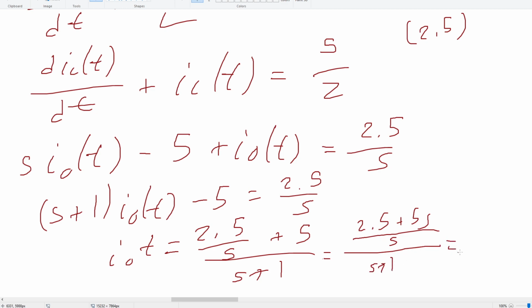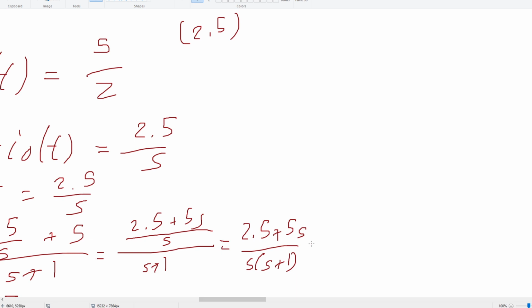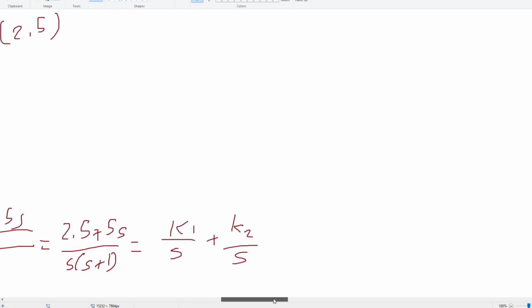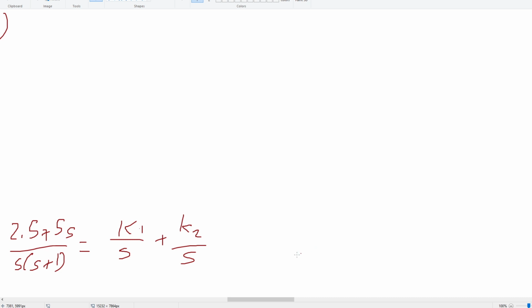So keep, change, flip. This is going to be 2.5 plus 5s over s times s plus 1. All right, and we do the same thing over here. There's going to be a k1 and a k2. k1 over s plus k2 over s plus 1. And then you do the last step, which is part 3, I believe.